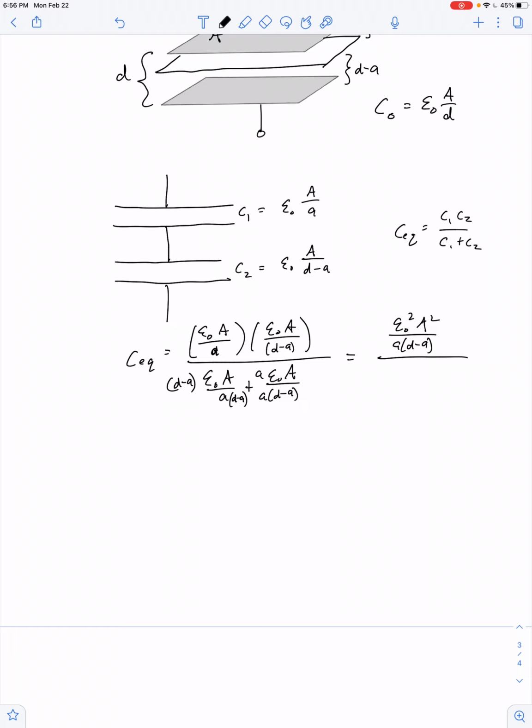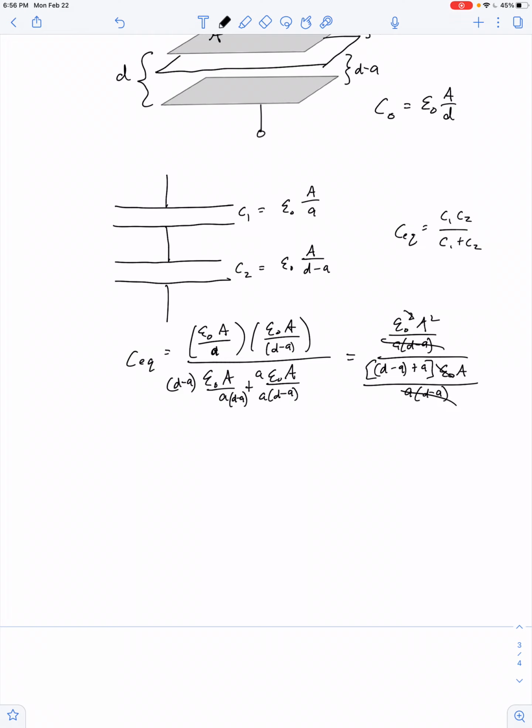Okay, so now we have d minus a plus a, times epsilon naught times area, all over a times d minus a. So that quantity is in the denominator of the numerator and the denominator of the denominator. I know, a very complex fraction here, so it cancels out.